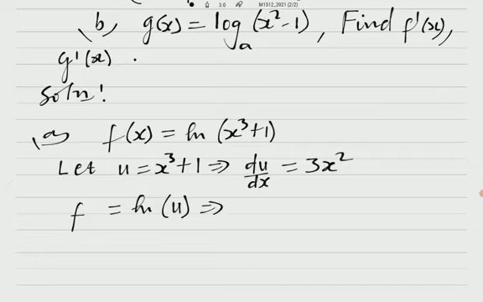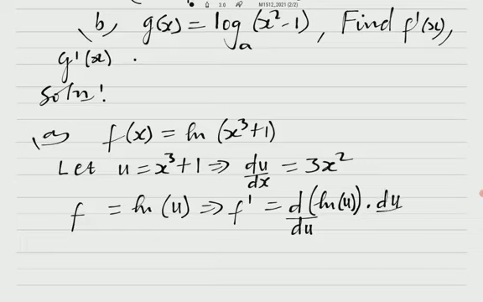Which implies that now the derivative of f will be nothing but, by chain rule, remember, you know chain rule now. It means now that f depends on u, we cannot directly find the derivative of f with respect to x. So we can say df/du first, of the function that is given, which is ln of u, and then remember to multiply it by du/dx.